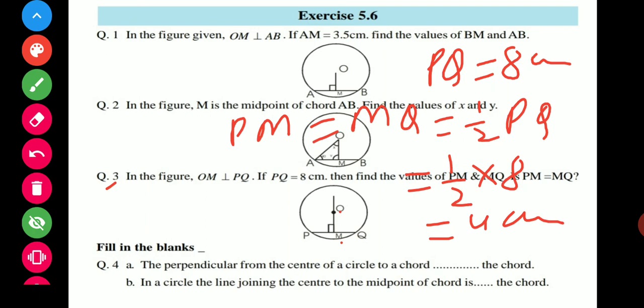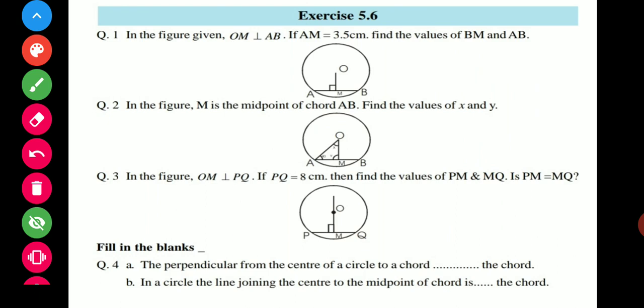Now fill in the blanks. How can we solve the fill in the blanks? The perpendicular from the center of a circle to a chord bisects the chord, midpoint of the chord. You can say midpoint of the chord.